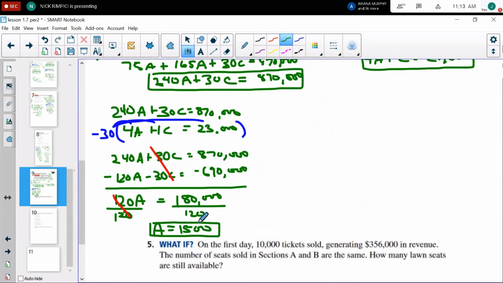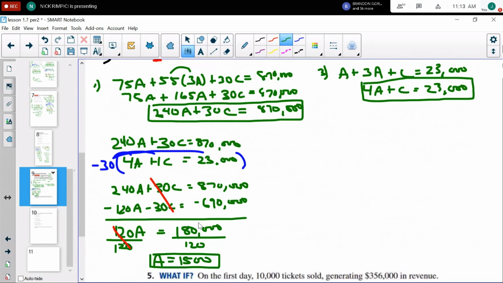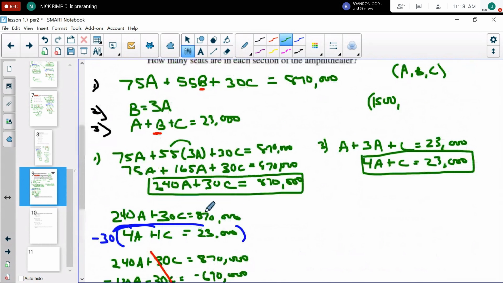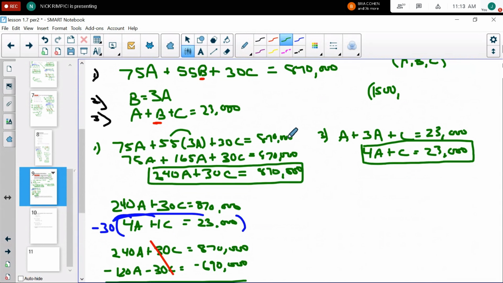To find B, we can just go back up, and statement 2 is really easy for finding B. So B is just 3A. So if we want to find B, we know that B is equal to 3A, and we know that A is 1,500. So I can just replace A with 1,500.